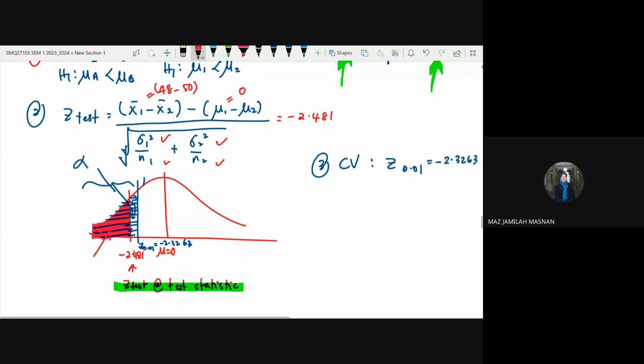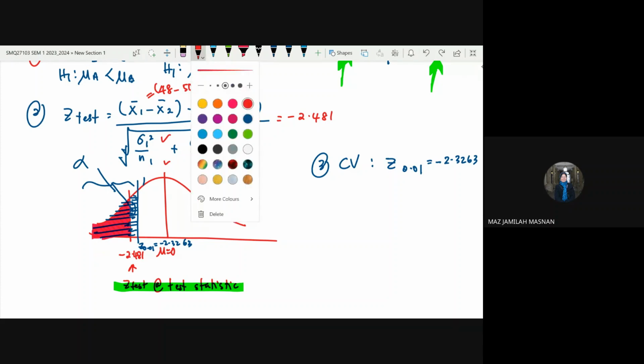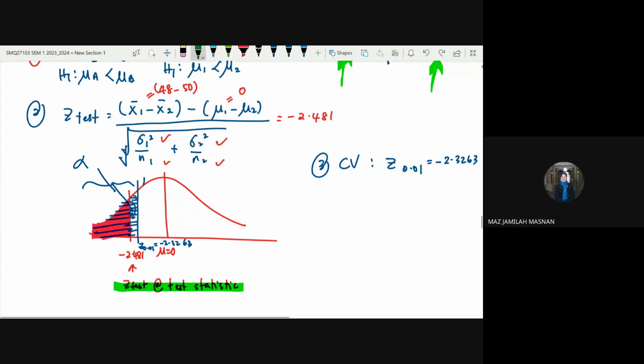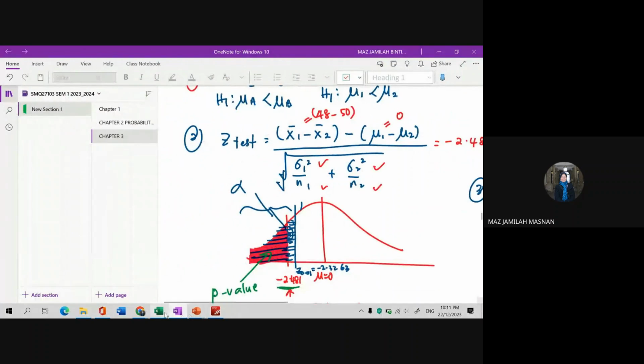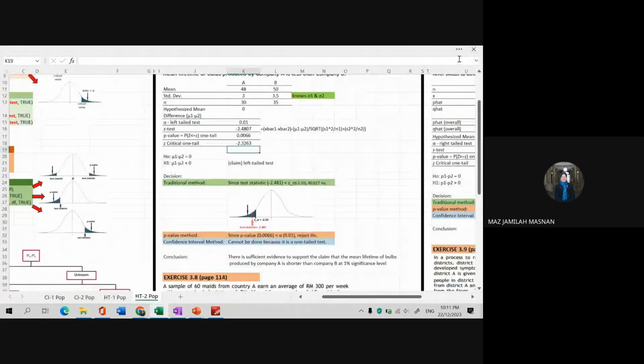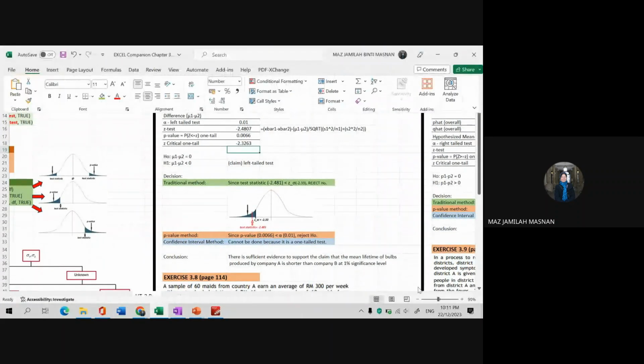Oh, not good. Let me change. Let me take the green one. This one is the p-value bounded by the z-test or test statistic. So that's why in this particular Excel, I put it this way. So let me increase a bit.